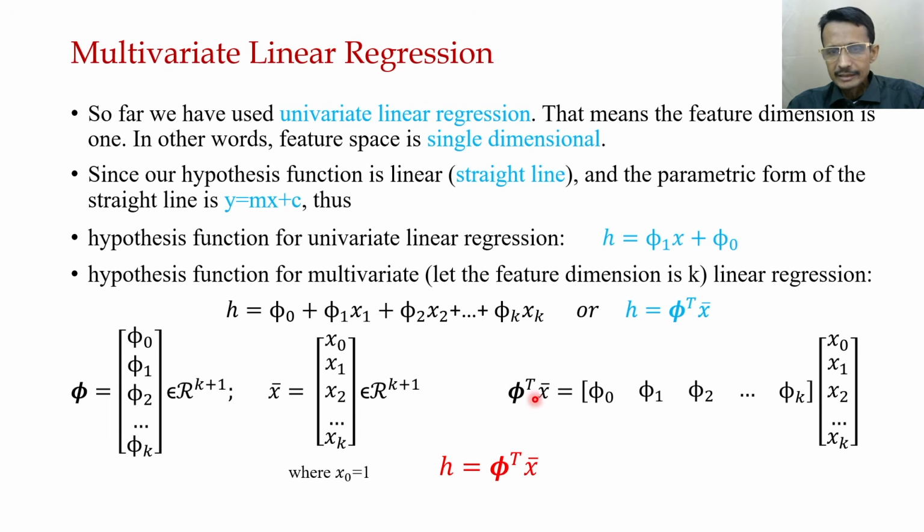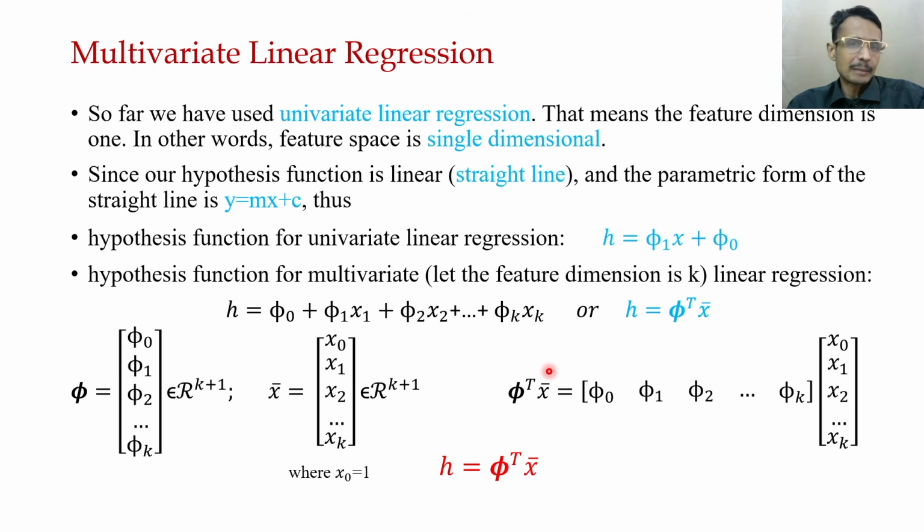So we can write in this matrix format phi 0, phi 1, phi 2, up to phi k, and x0, x1, x2, up to xk, with the transpose for this multiplication. Ultimately, our hypothesis function is h equal to phi transpose x. This is our multivariate linear regression hypothesis function.